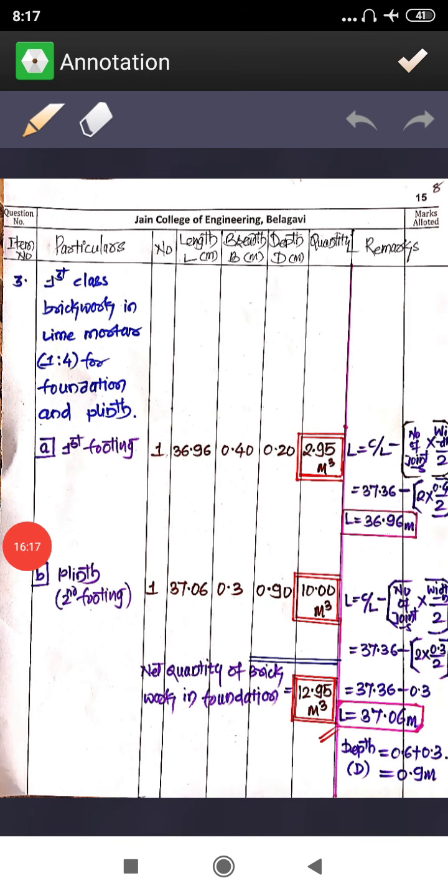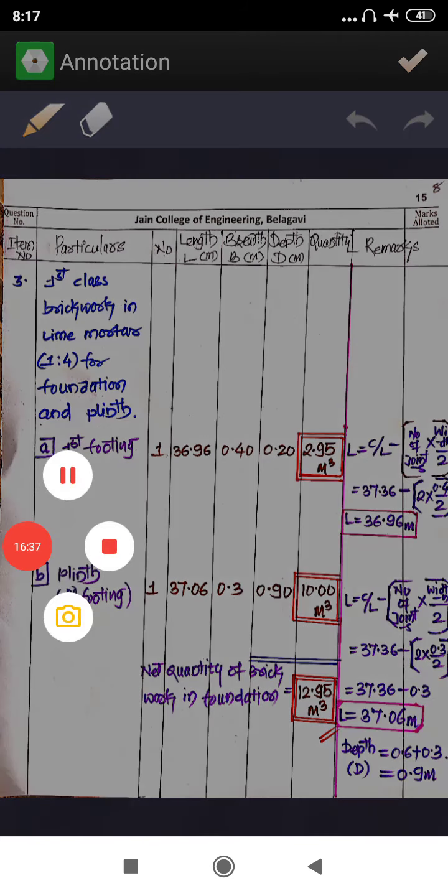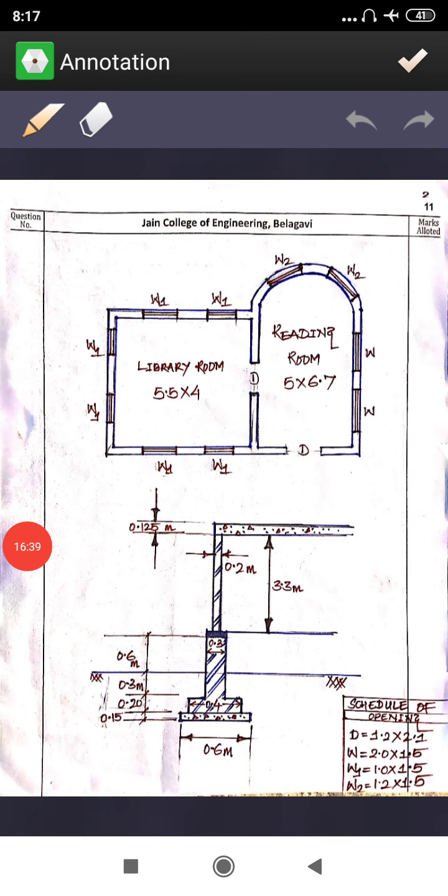Now the third item, that is first class brickwork in lime mortar 1:4 for foundation and plinth. So you'll be having one footing, first footing, and then you'll be having second footing, that is plinth. Before going to the quantities, let's see the width and depth of these items. To get the quantities of first footing and plinth, you should know the width and depth.